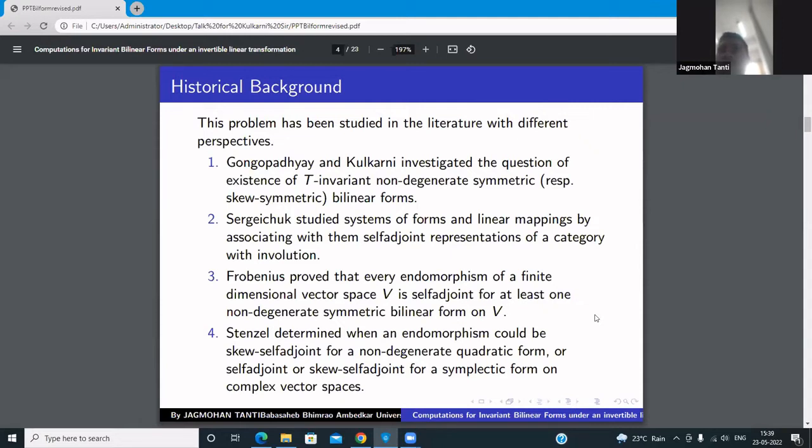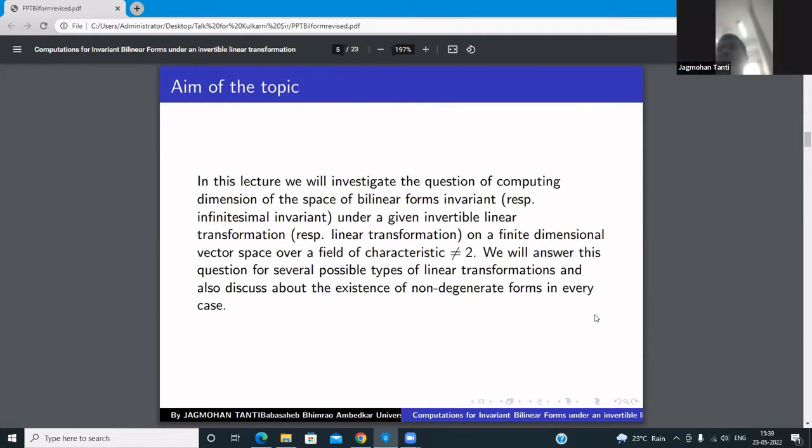This is the aim of the topic: we will give certain formulas to find the dimension of invariant bilinear forms for different similarity classes of invertible linear transformations. And we will talk about the existence of non-degenerate forms in every case.